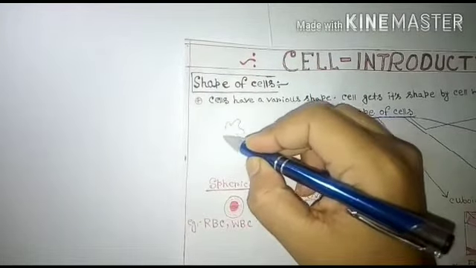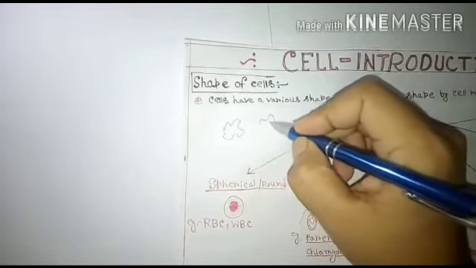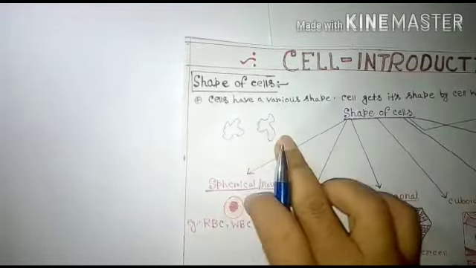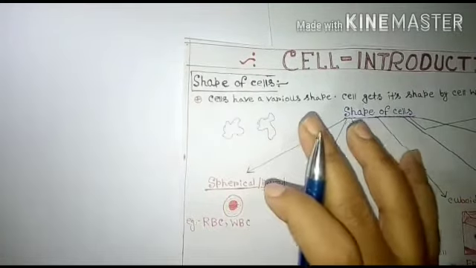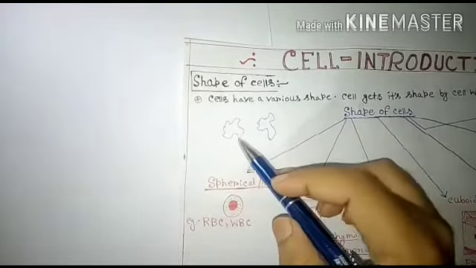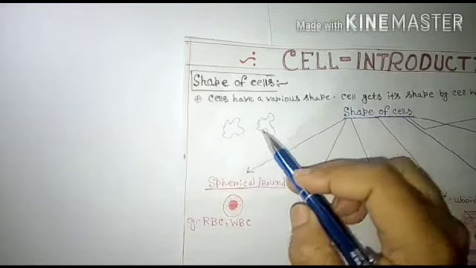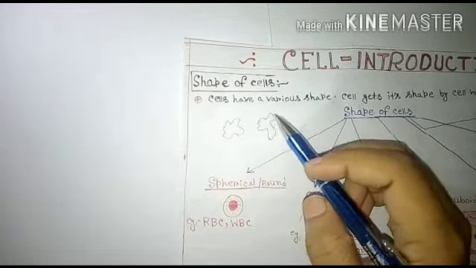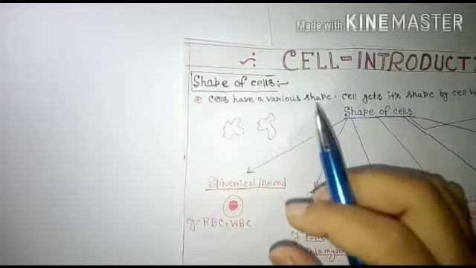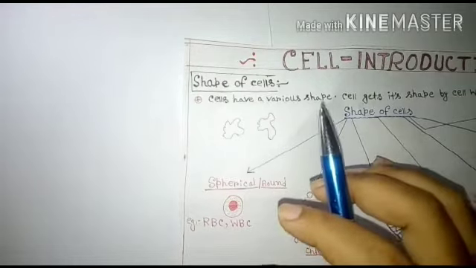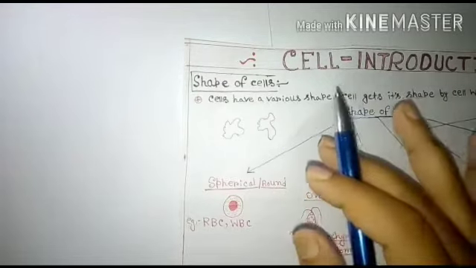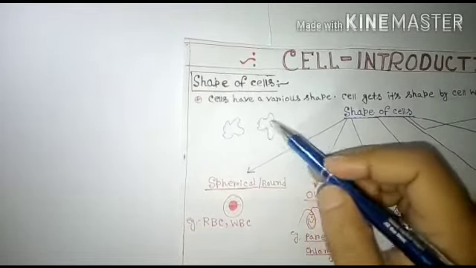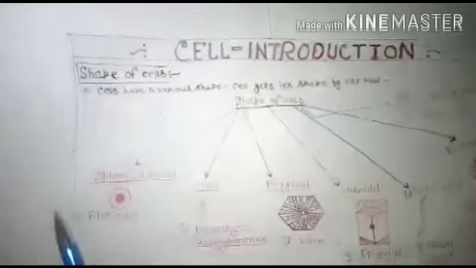Like this, suppose an amoeba, and this is also an amoeba, so there is no specific shape. Actually the amoeba has an irregular shape. Like a building, the building's shape depends on its brick walls, and in the same way the shape of the cell depends on the cell wall.